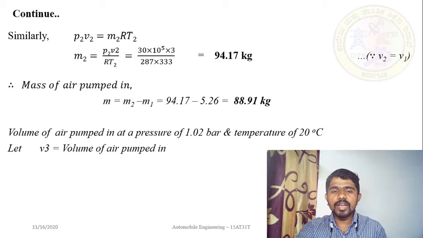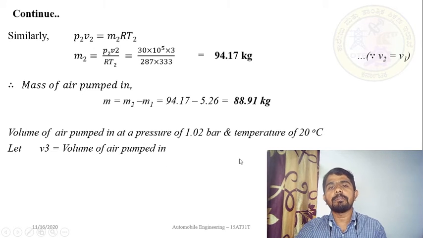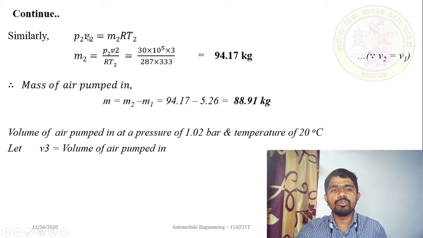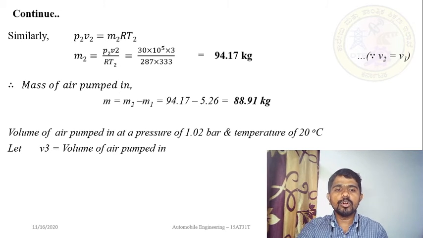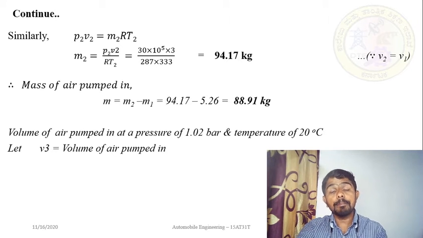So I can calculate, let V3 be the volume of air pumped in, because already we have used V1 and V2. Of course, V1 is equal to V2, even though we can take this as V3 to avoid the confusion, right? So V3 is equal to volume of air pumped in. See, V3 is not the volume of vessel. V3 is the volume of air pumped in.